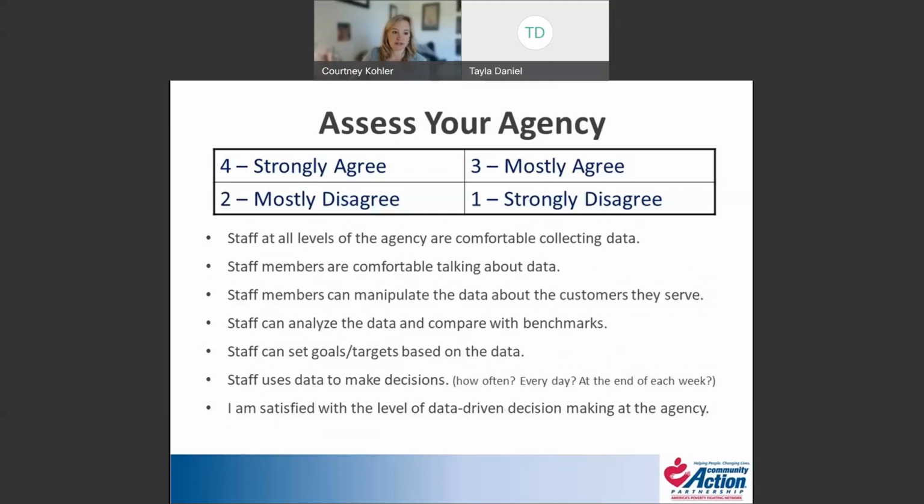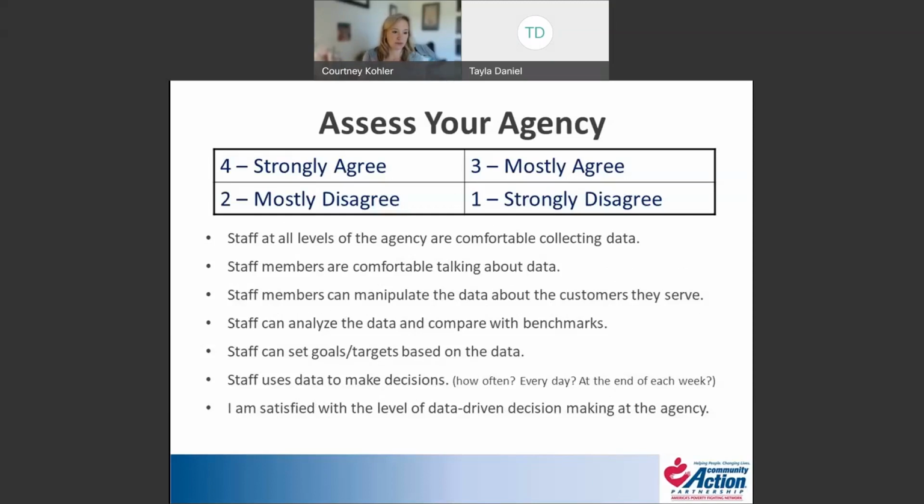So now I want you all to take a moment as you're thinking about the challenges and where you might want to be as an organization, no matter where you're at within your organization, what role you play. I want you to take a moment just to do a quick assessment of your agency. You see the bulleted statements here, and just on a scrap piece of paper, note where you feel like your agency is at based on where you agree with this.